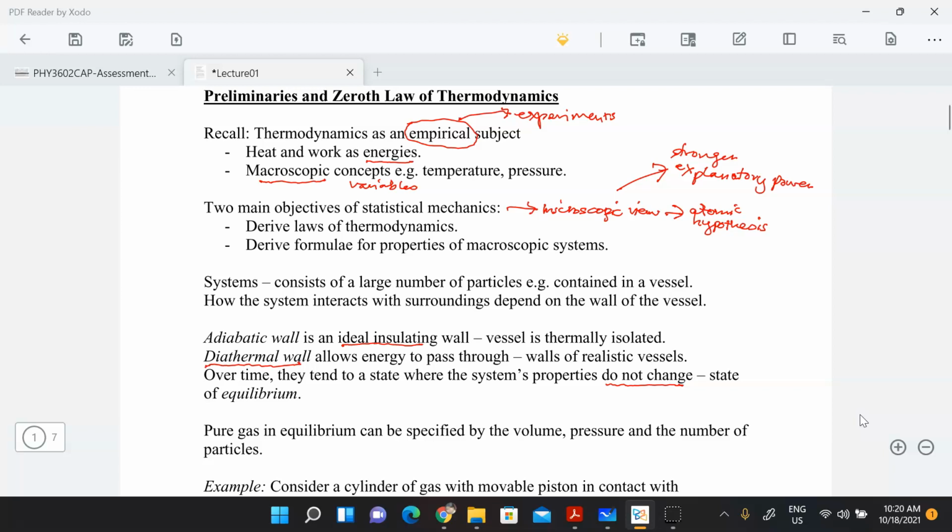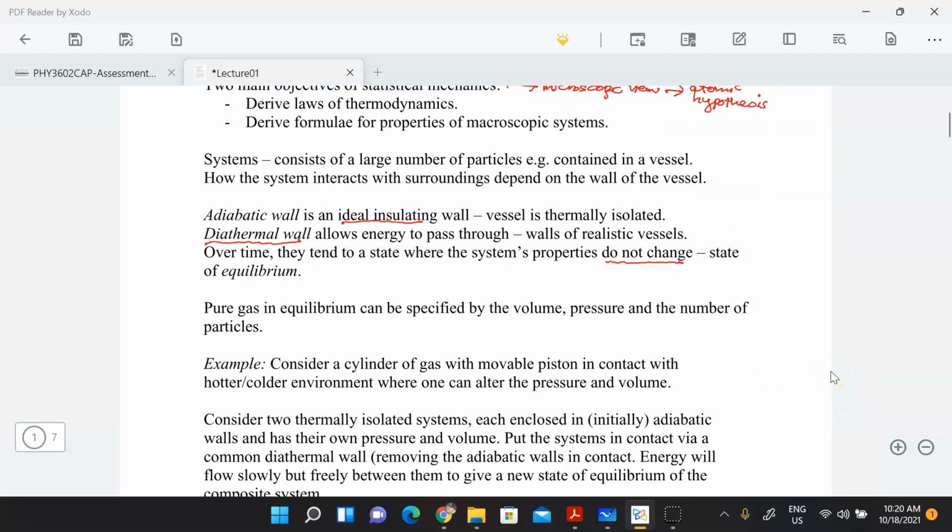For instance, the one that you have probably seen is the case of a pure gas in equilibrium, where you specify the state of your pure gas by the volume, pressure, and the number of particles. So these are variables that define the state of the pure gas.